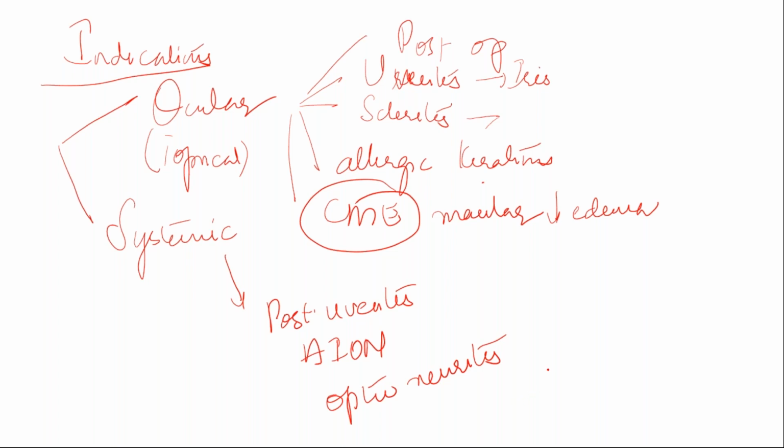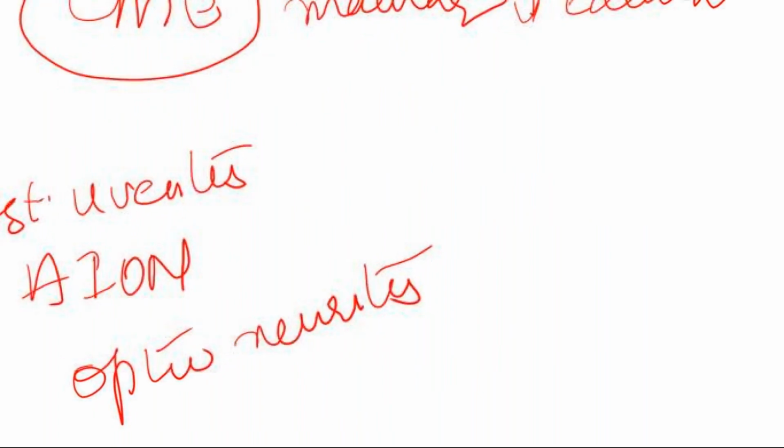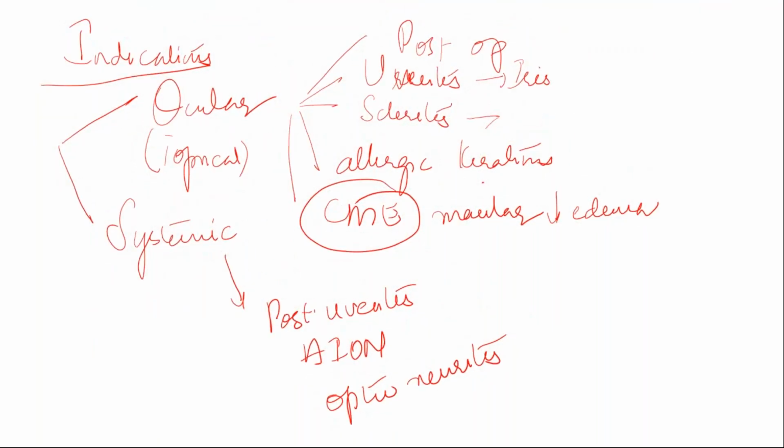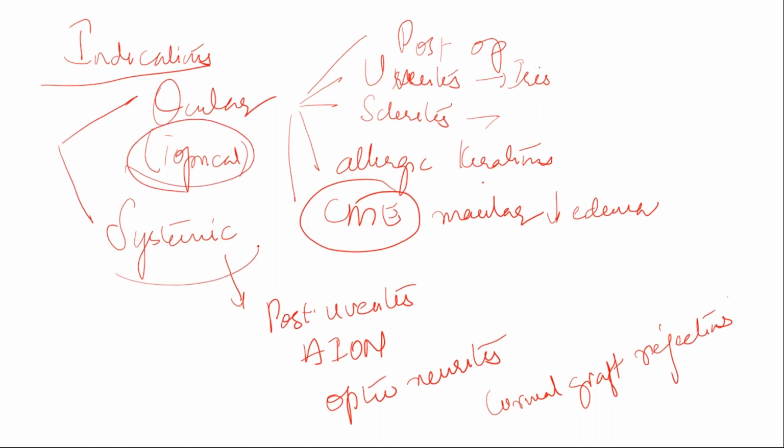So retrobulbar scleritis behind the equator, if there is any scleritis, then any other the corneal graft rejections. The most important thing is corneal graft rejections. So some other few conditions are there. These are the main conditions where we go with systemic corticosteroids. Ocular, that is the topical corticosteroids. These are the indications, and for systemic, these are the indications.